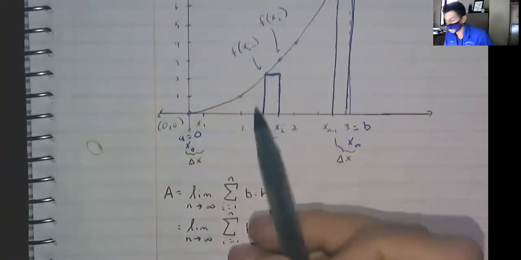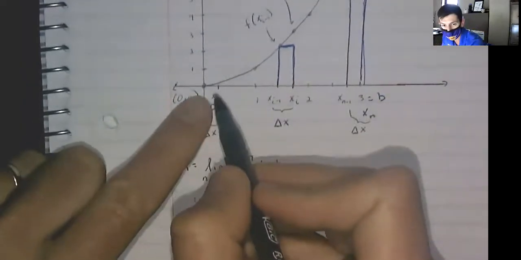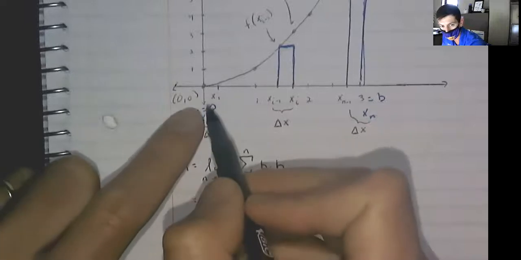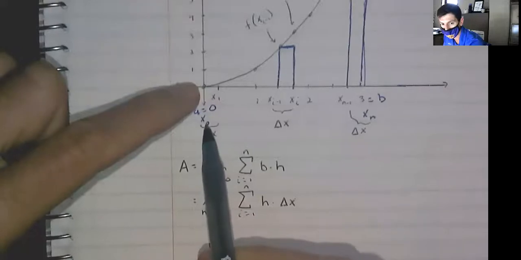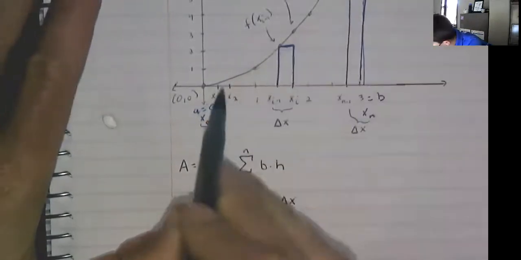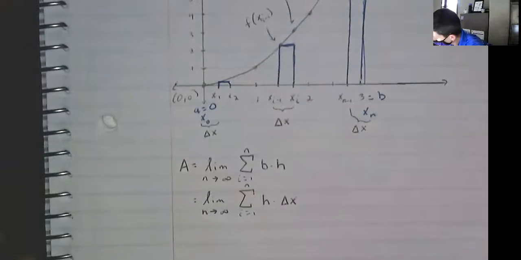Okay? And so even starting from this first rectangle, from 0 to x sub 1, the minimum value is going to be x sub naught anywhere on this rectangle. The second rectangle, on this interval between x sub 1 to x sub 2, the height is x sub 1.